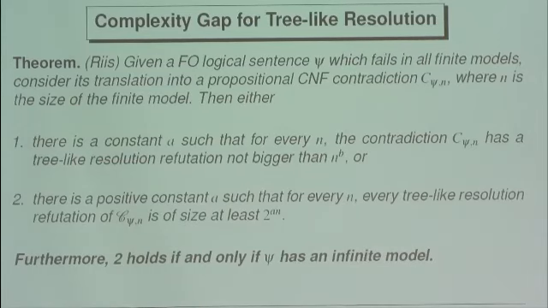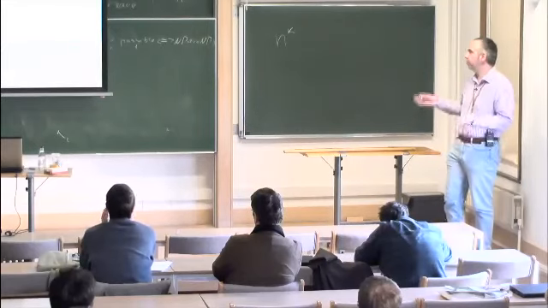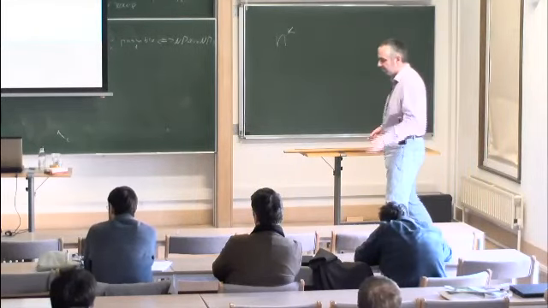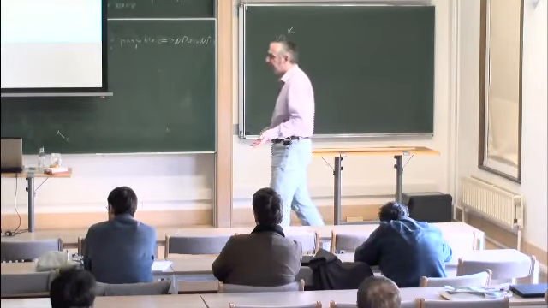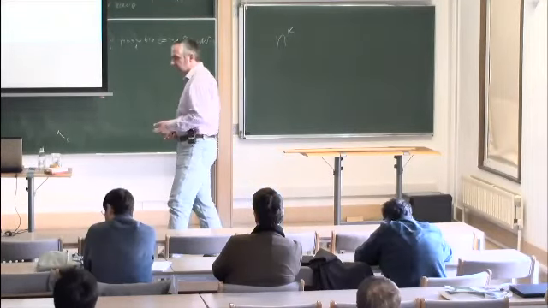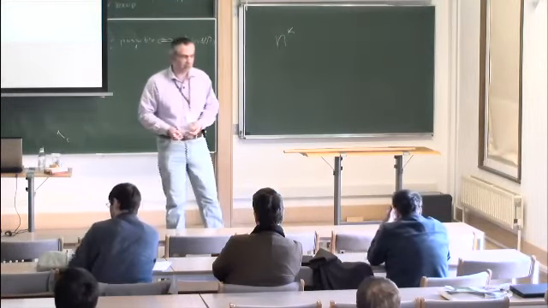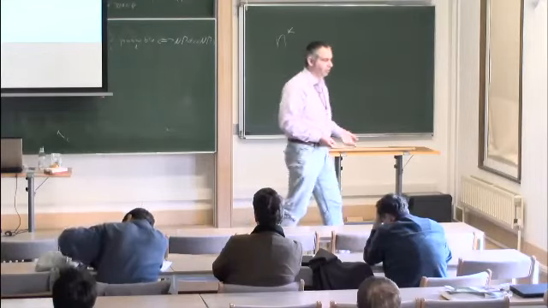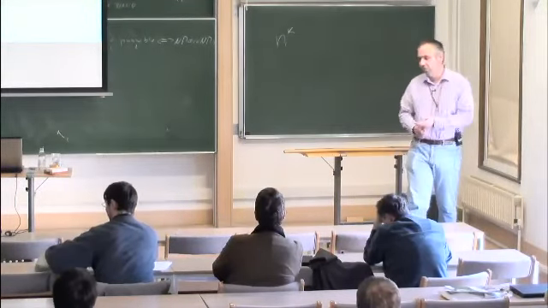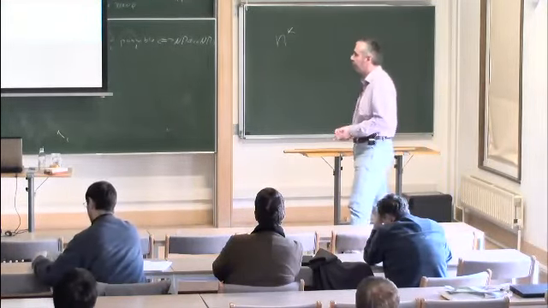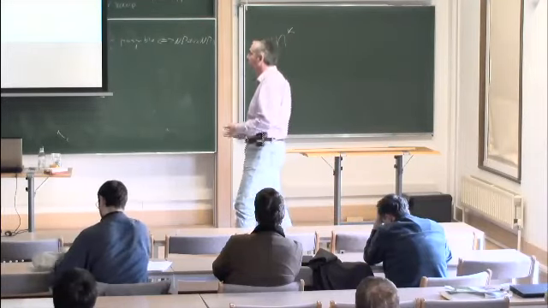And so there is a uniform way of converting any first-order formula into a set of propositional formulae. And that is the most obvious thing that you could do. Replace all the universal quantifiers by conjunctions, the existential quantifiers by disjunctions. For every relational symbol, introduce a propositional variable, and so on.